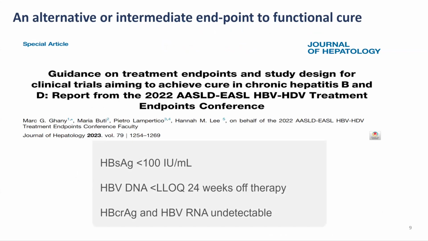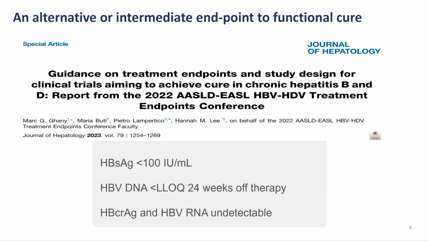Three years ago, Mark Gani and other investigators, in collaboration with regulatory agencies and with the industry, defined the guidance on treatment endpoints for clinical trials aiming to achieve functional cure in chronic hepatitis B. In addition to the definition of functional cure that everybody knows, HBsAg loss 24 weeks off any treatment plus undetectable HBV DNA, there is an intermediate or alternative endpoint that is partial cure.